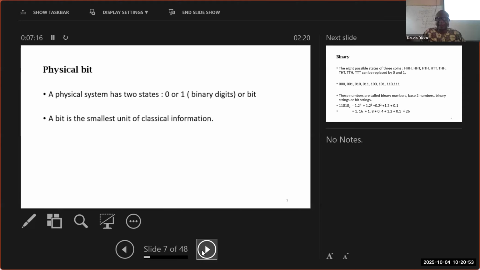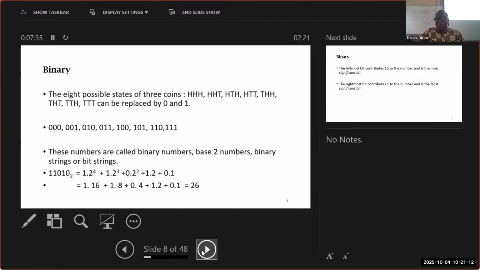Just like in the previous slide, when we had colors, the possible states of coins and that of the die, we have information that can be used to represent the thing.